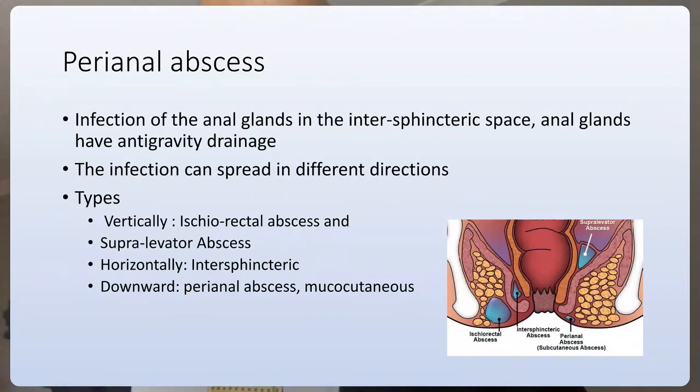So it could extend superiorly, which is an unusual presentation, but it does happen, and go above the levator ani in the actual pelvis. They could spread laterally and lead to mucocutaneous fistula, and that can lead to mucocutaneous abscess. And we have the classical intersphincteric abscess, and we have the rectal abscess.